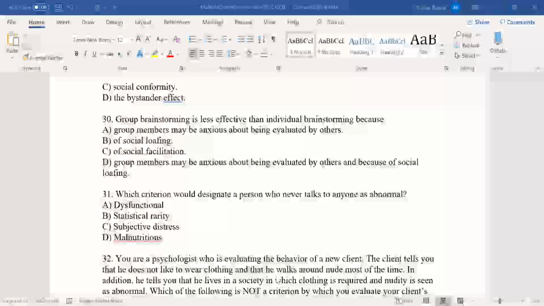Okay, so we're going to 28. So drawing negative conclusions about a person, group of people, or situation prior to evaluating the evidence is known as A, prejudice, B, adaptive conservatism, C, discrimination, or D, in-group bias.